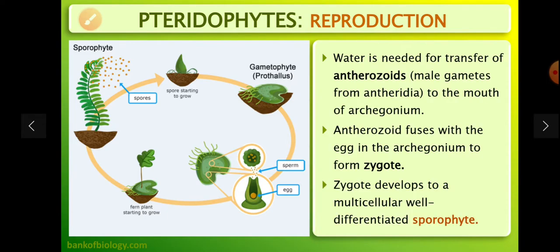For reproduction, water is needed for transfer of the antherozoid, that is the male gamete, from the antheridia to the mouth of the archegonium. The archegonium bears the female gamete. The antherozoid fuses with the egg in the archegonium to form a zygote. The zygote develops into a multicellular, well differentiated sporophyte.